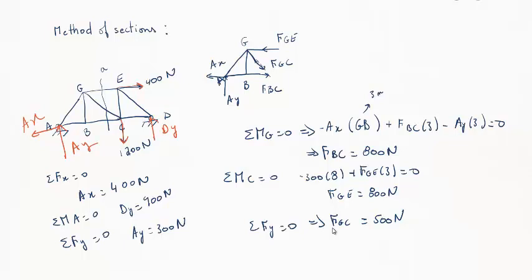So if we do the sum of the forces in the X direction for the whole assembly, we only have AX and the 400 newtons, so AX is 400 newtons, very simple. Now I want to get DY, I can sum the moments about point A. Now all of these links, this is 3, dimensions don't matter really to get the point through.